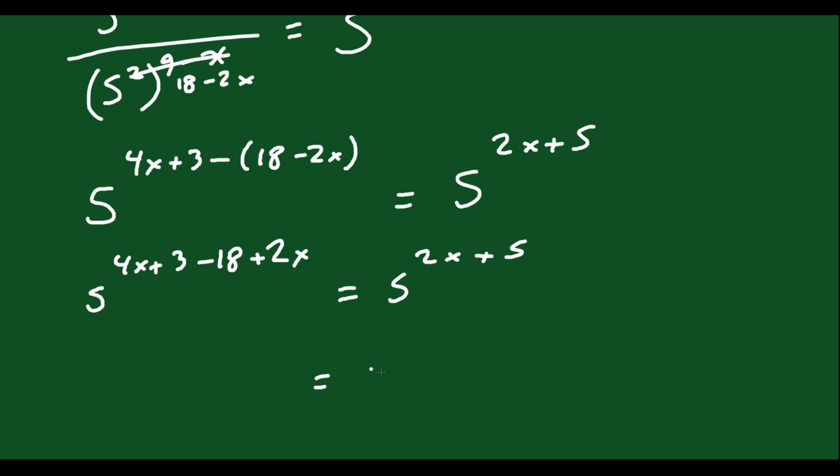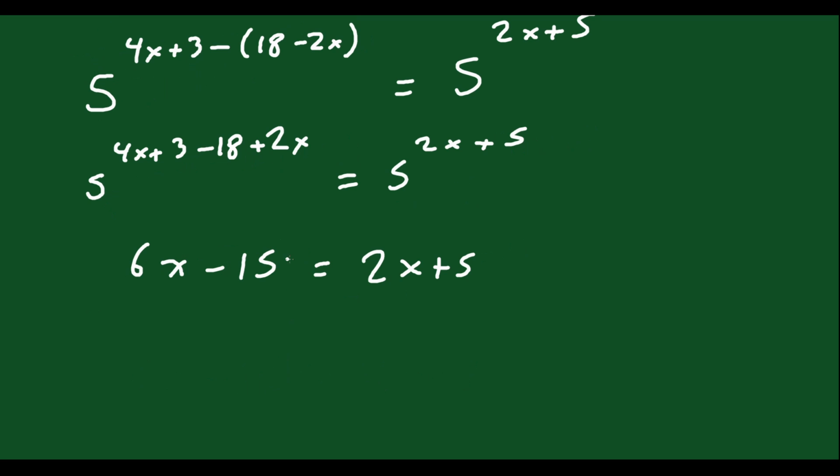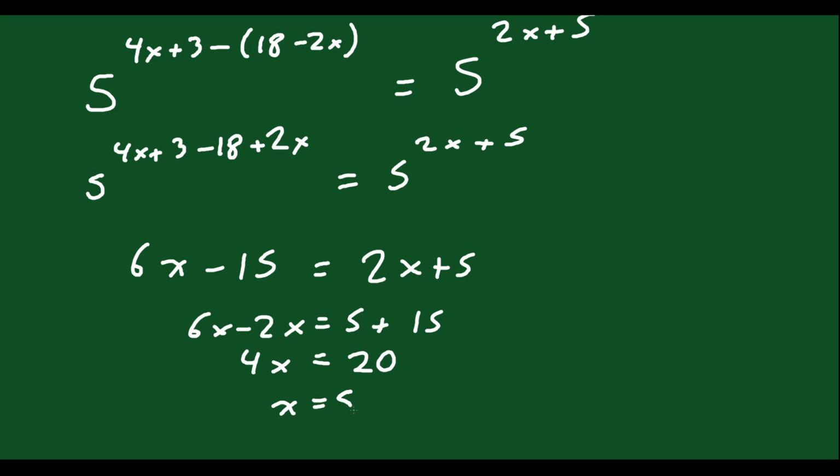So on the right you get 2x plus 5, and on the left we can actually simplify this, right? 4x plus 2x is 6x. 3 minus 18 is negative 15. Move the 15 to the right, move the 2x to the left, you get 6x minus 2x equals 5 plus 15. So 4x equals 20, so therefore x is equal to 5. Okay, and that's it. That's your final answer.